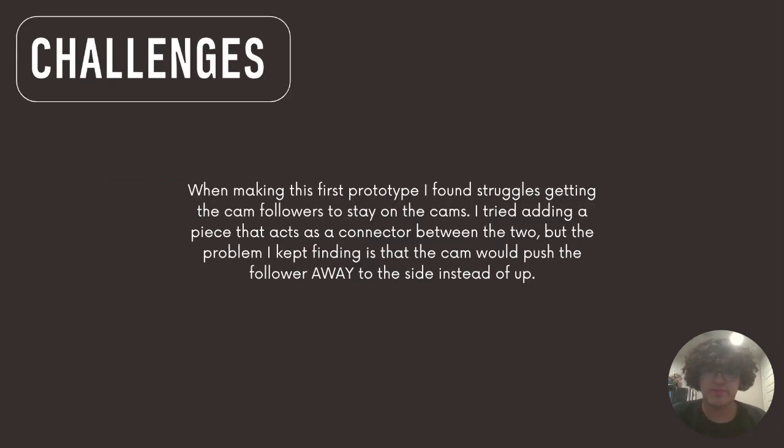You can see the cams, and then here we have the foot, which is just a long wood stick with a football goal shaped piece of foam taped to it.